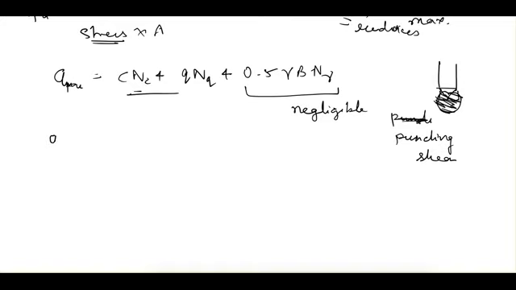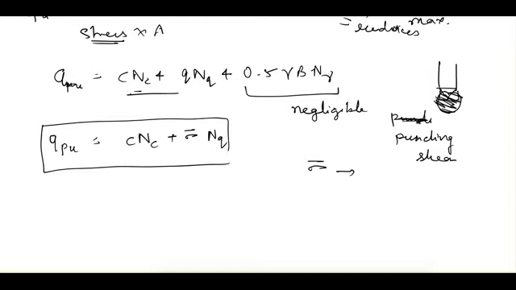So instead of this, we use the equation QPU is equal to cNc plus this q can be written as effective stress times Nq. So we do the effective stress analysis in case of pile foundation.